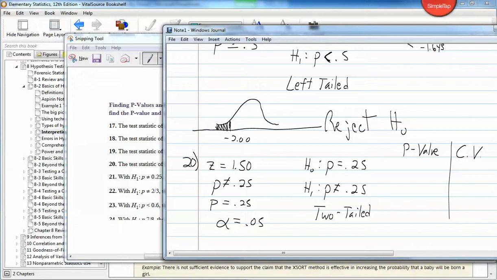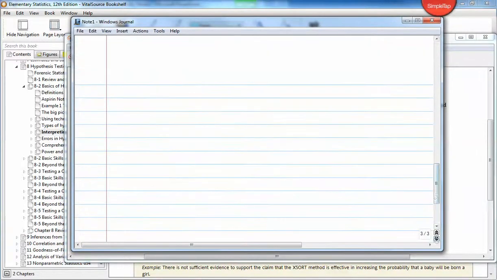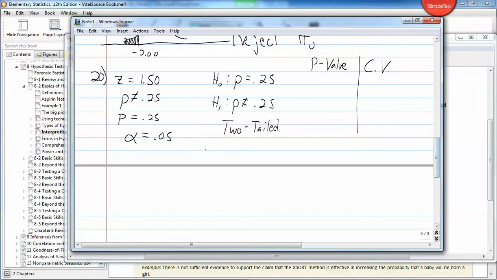It says that the p-value is the area twice to the right of the test statistic. So I don't have to draw this graph, but I will for the p-value, just to reiterate. It's two-tailed, so you have two critical regions, and our test statistic is positive.